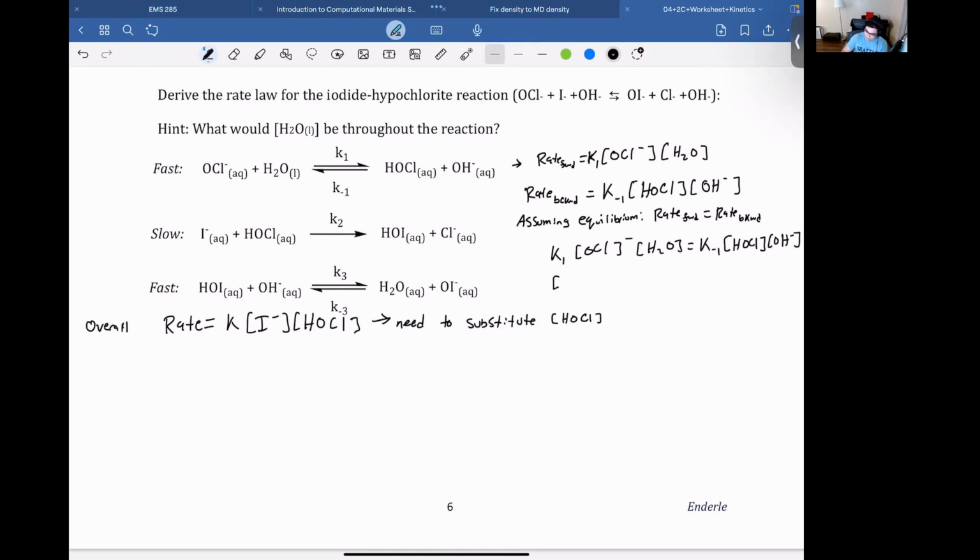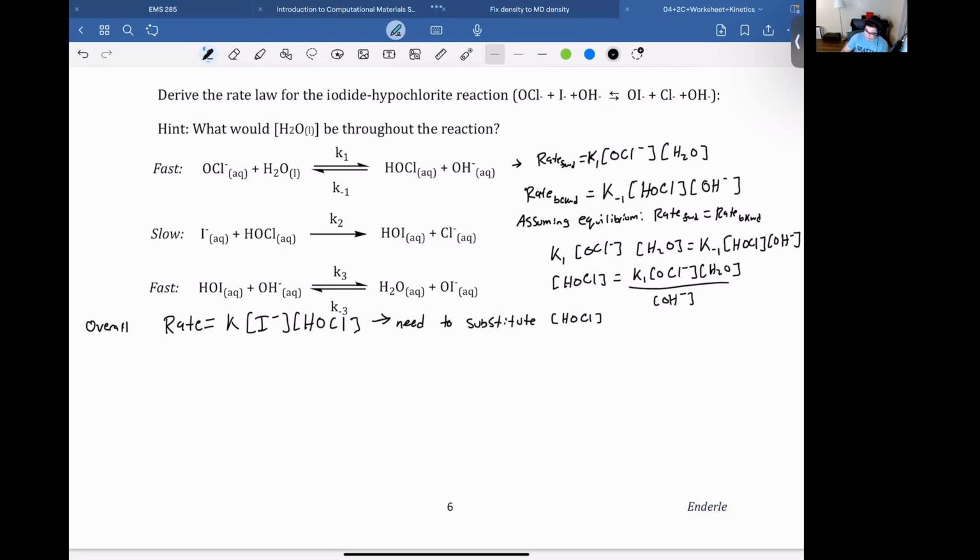Then you can solve for the concentration of the hypochloric acid just by algebra. And we end up getting K1 times OCl minus times the concentration of water divided by the concentration of hydroxide.